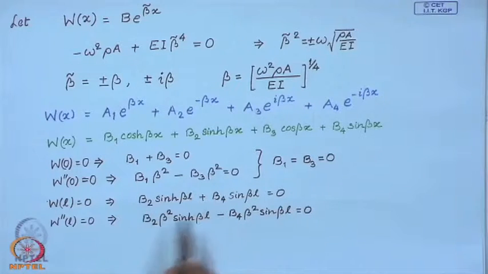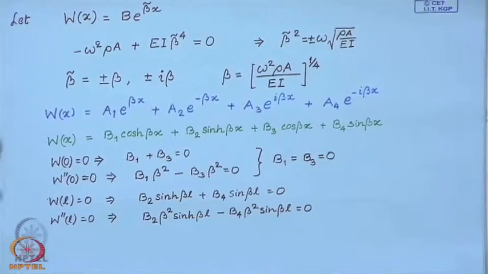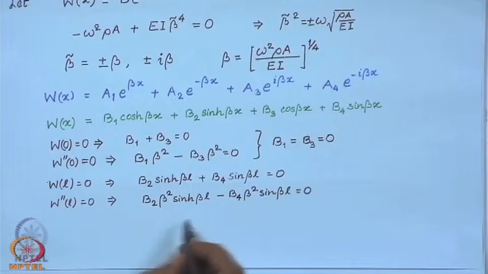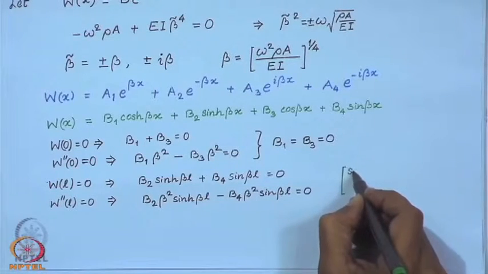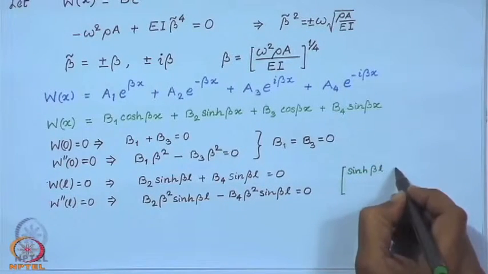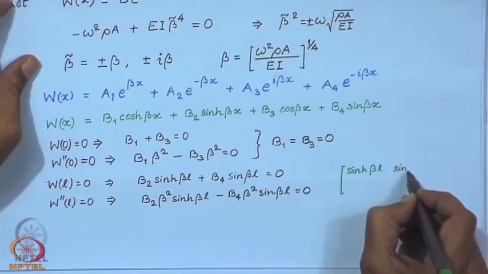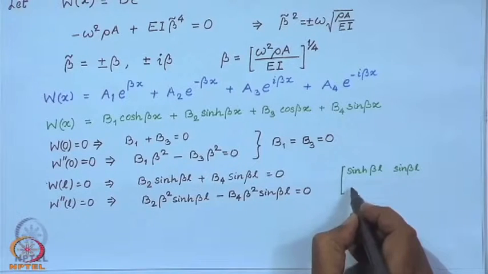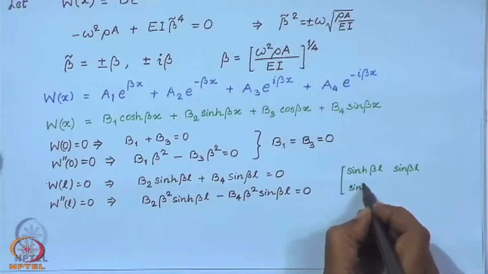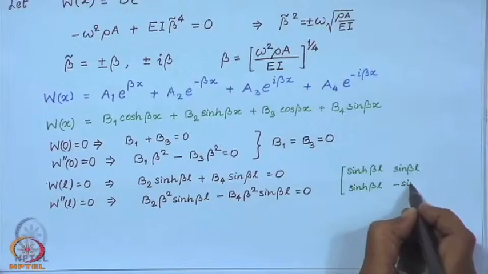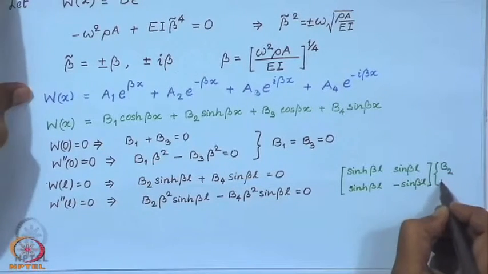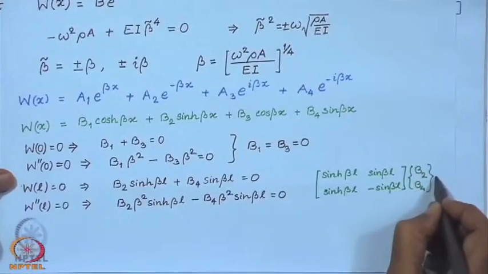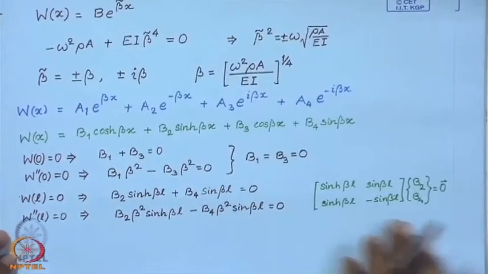And if we want to have non-trivial solutions of b 2 and b 4, so this I can write, so this is what we have.